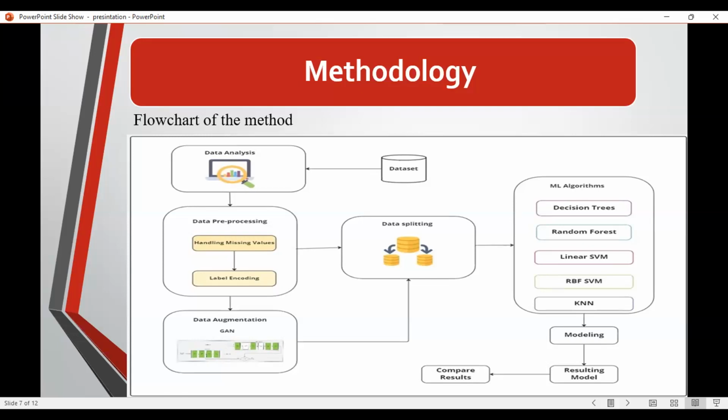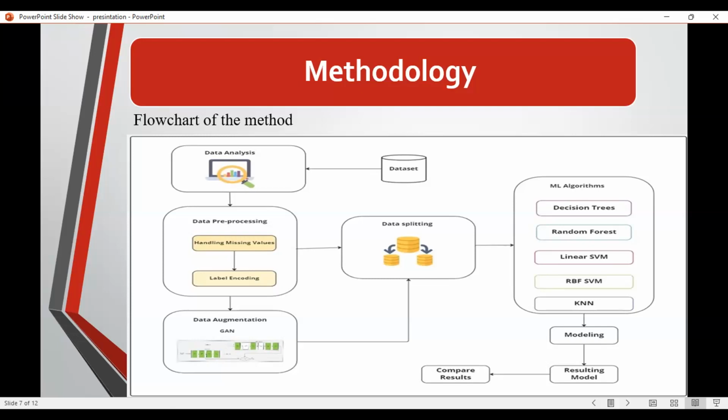And after that, the second step, we analyze the data to see the distribution and correlation between variables. And after that, we perform data pre-processing to ensure the quality of our dataset and prepare it for machine learning modeling.